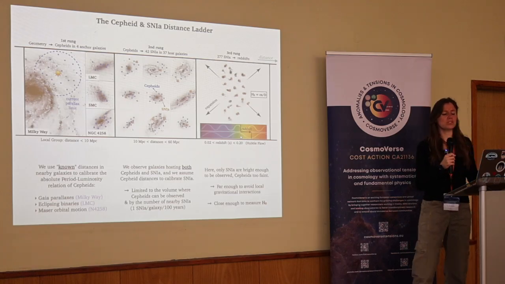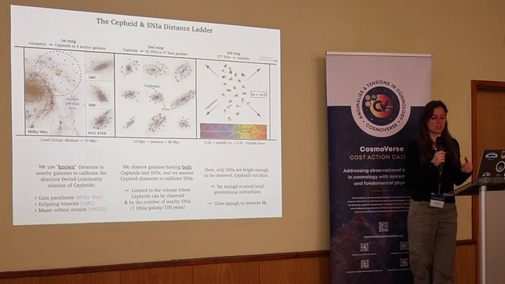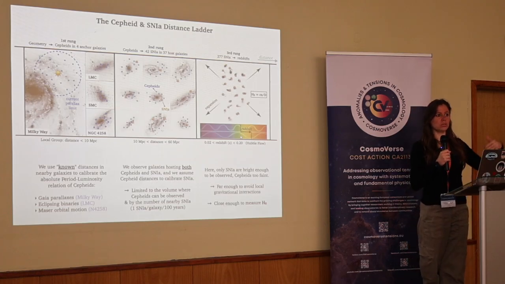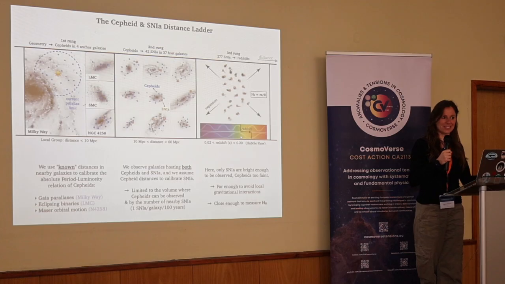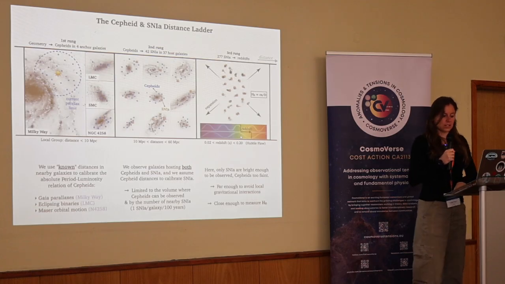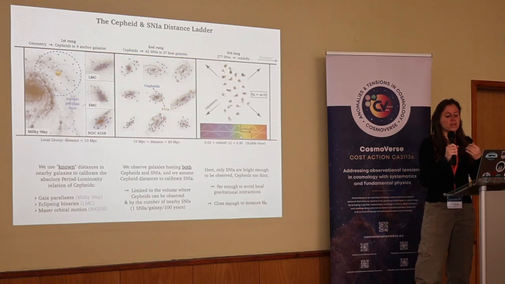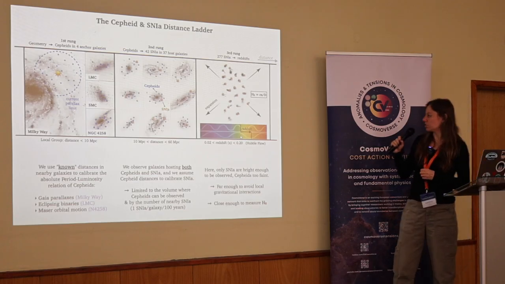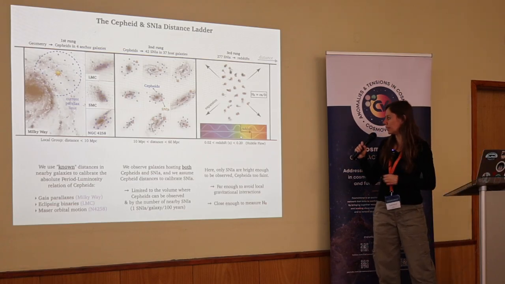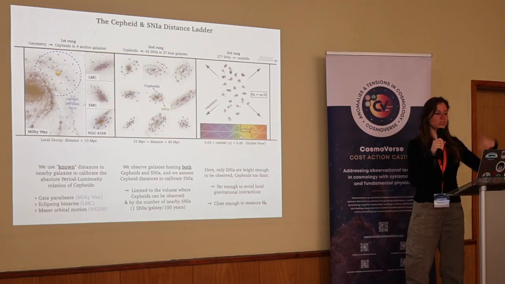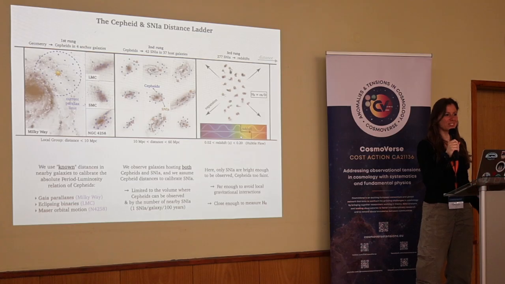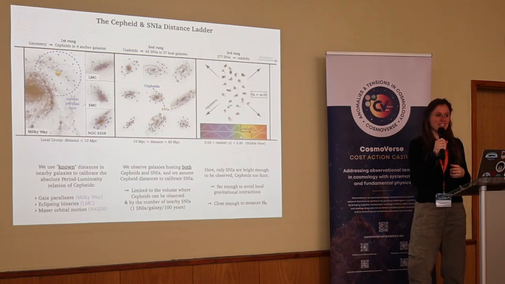But you also want to stay close enough that you're observing H0, because if you go too far, then you're observing H of z, H at another redshift that's in the past, and it's not today. So that's why the Hubble constant is really measured between approximately redshift 0.02 and 0.2. Maybe my colleagues can correct me, but you'll go to higher redshift during the rest of the week, and you'll see how supernovae work at this distance.